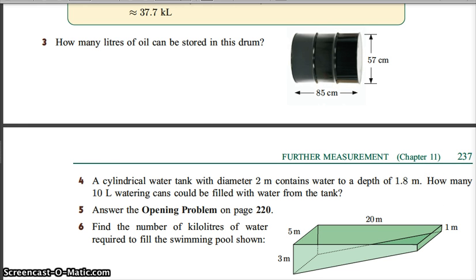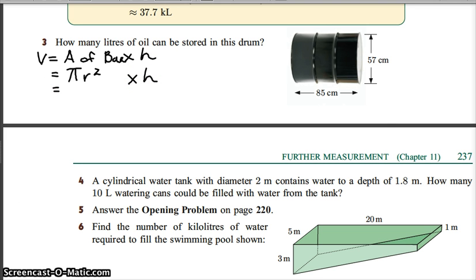So we're talking about volume equals area of base times by our height. Okay, so the area of our base, what shape is our base? That's the question we should ask ourselves, and the shape of the base is a circle, and the area formula for a circle is pi r squared. Pi r squared times by h.